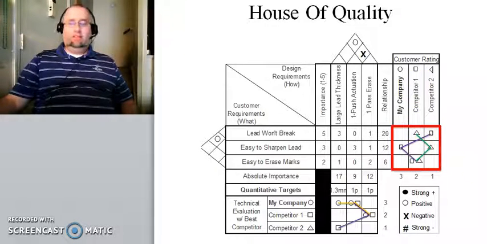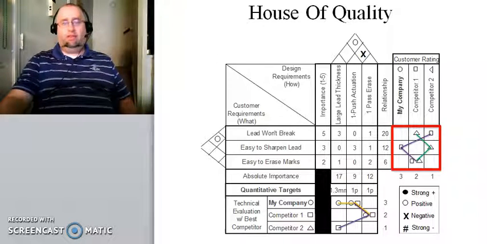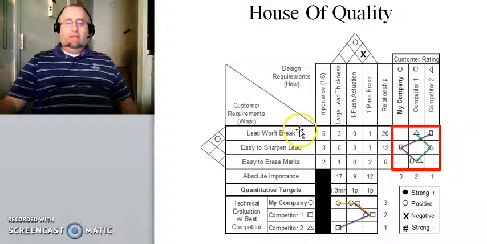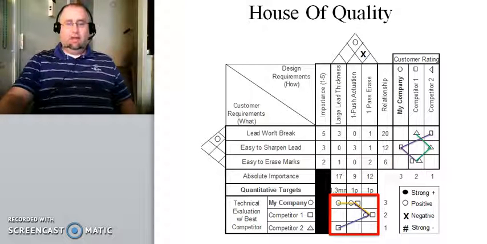And there are more instances where competitor 1 does better in meeting the customer needs than competitor 2. And so I come to the conclusion that competitor 1 is the superior product for meeting this particular set of customer needs. So I'm going to use competitor 1 moving forward with my additional analysis.